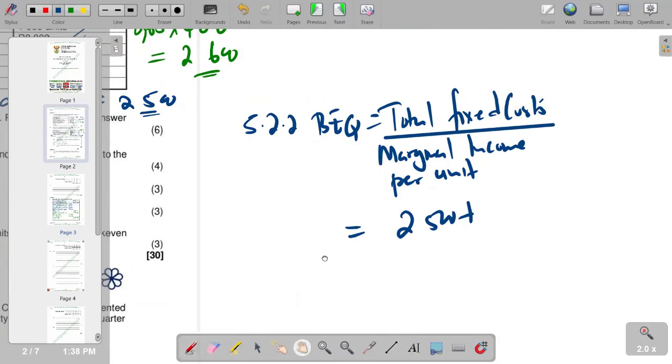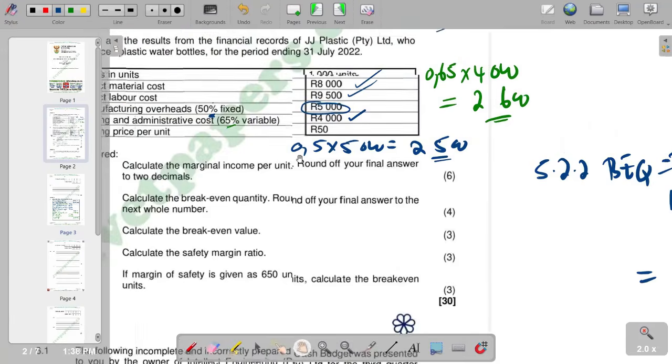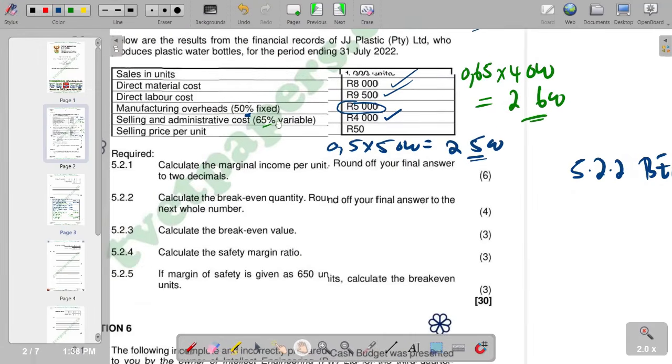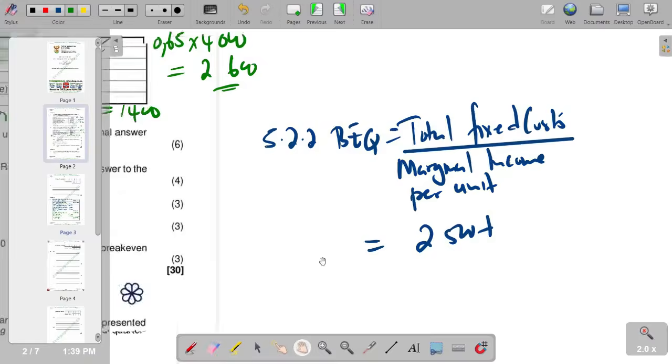Then we add the other part, whereby selling and administration is 65% variable, which means we have 35% fixed. So 35%, which is 0.35, multiplied by 4,000, you're going to get 1,400. So this 1,400, you're going to add to 2,500.